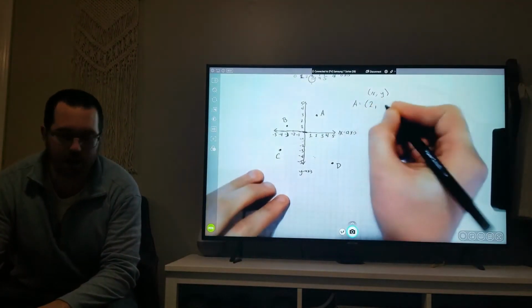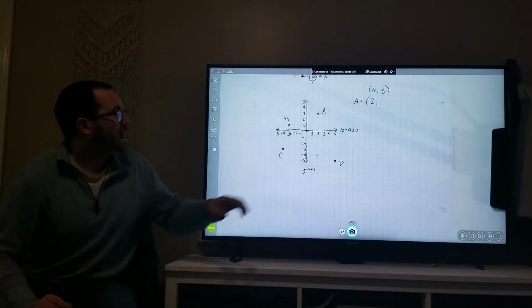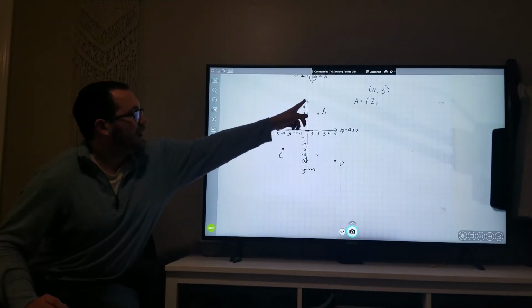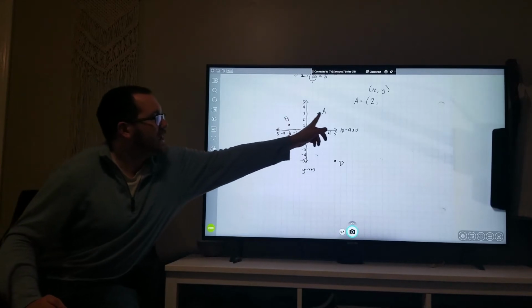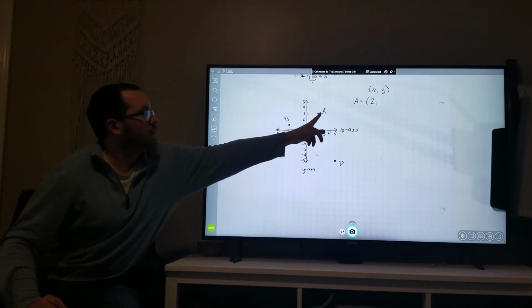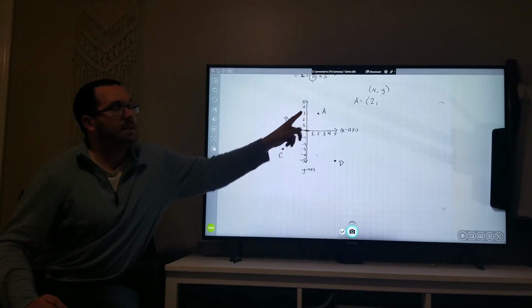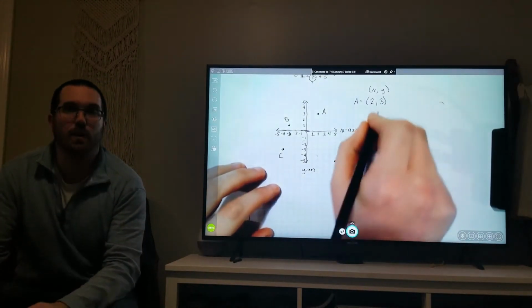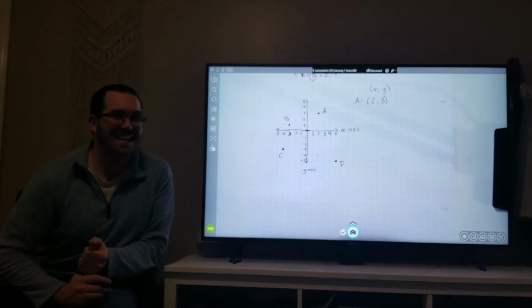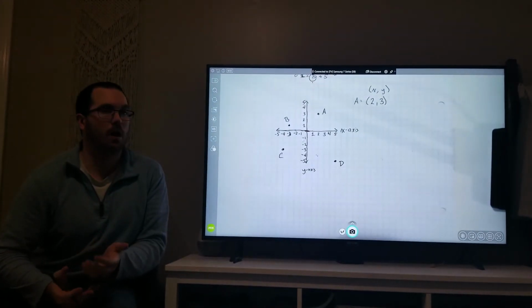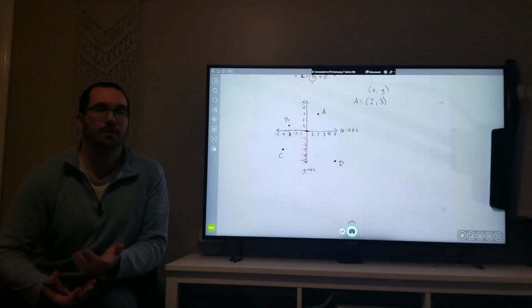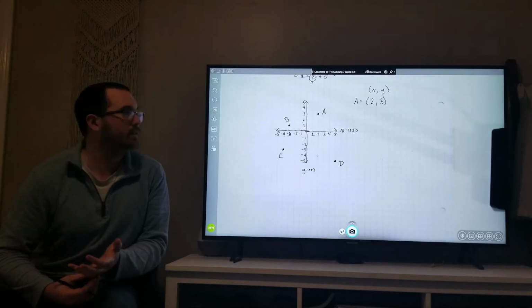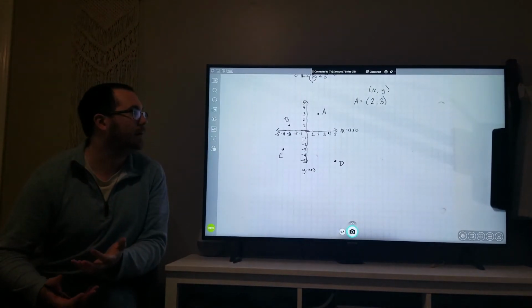So my first value is going to be a 2. And my second value is where it lines up on the y-axis. And if I follow that right across to where the y-axis is, I see that that's right at the number 3. So we would then say that point A is at (2, 3), or (2, 3) is the coordinate for the location of point A.